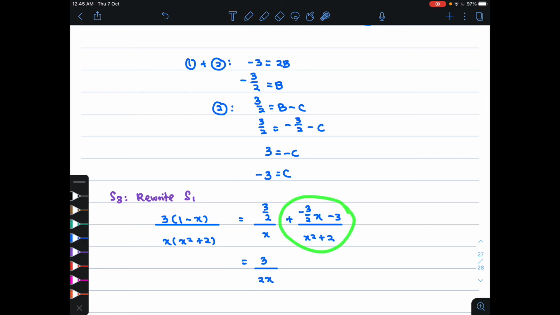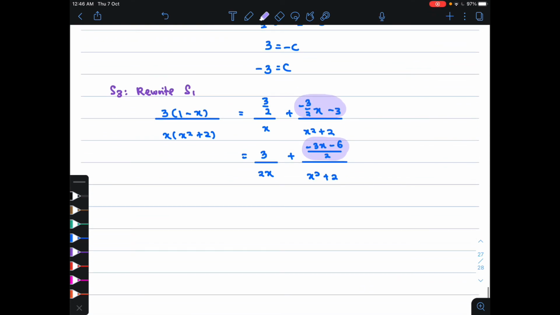For the second term here, note that we have fractions here, but there is no fraction here. Try to equate the denominator for this one, and that will give you negative 3x minus 6 divided by 2. So now we just need to simplify the second term.